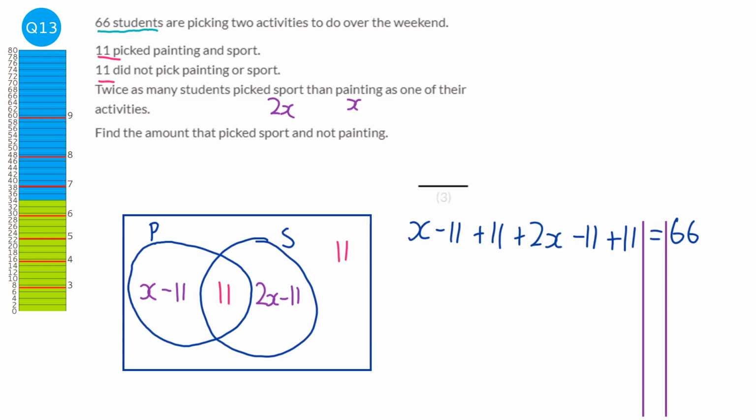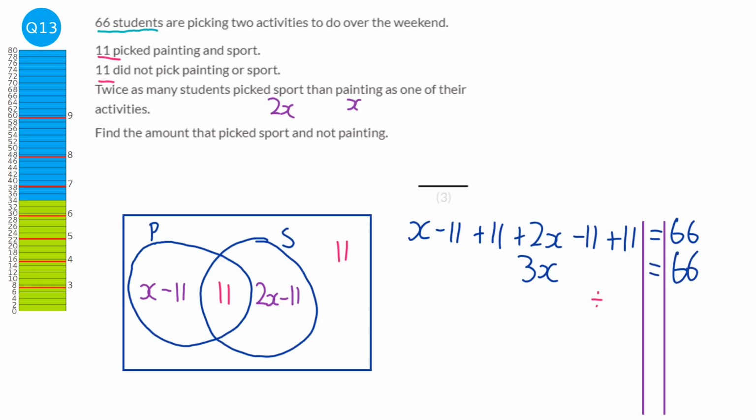This is going to be some solving, so we're just going to put our lines in. Now here we've got X plus 2X, which is 3X. And we've got minus 11 plus 11, minus 11 plus 11. Well, those just cancel out. So we're left with just the 3X equals 66.